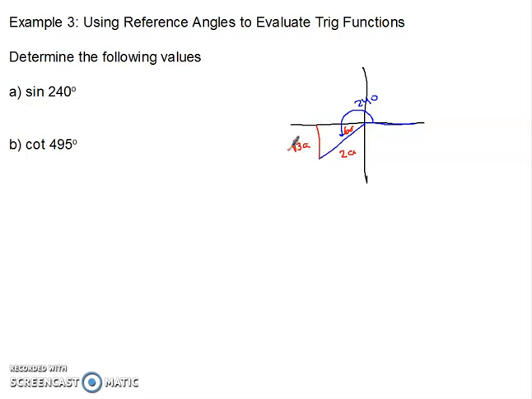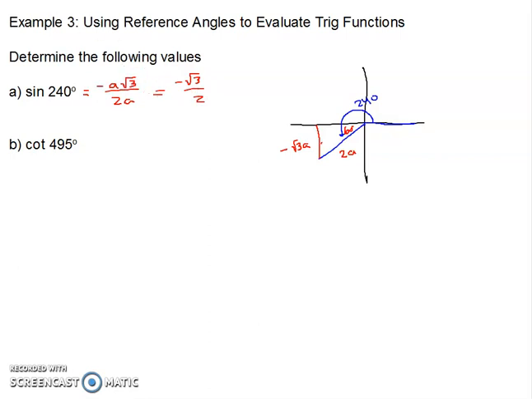But since y is negative in this third quadrant, that would be a negative square root of 3a. Sine is the opposite over the hypotenuse, so sine of 240 would be negative a root 3 over 2a, which simplifies down to negative square root of 3 over 2.